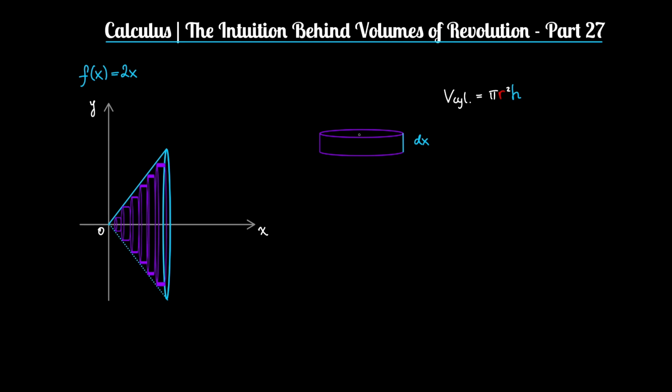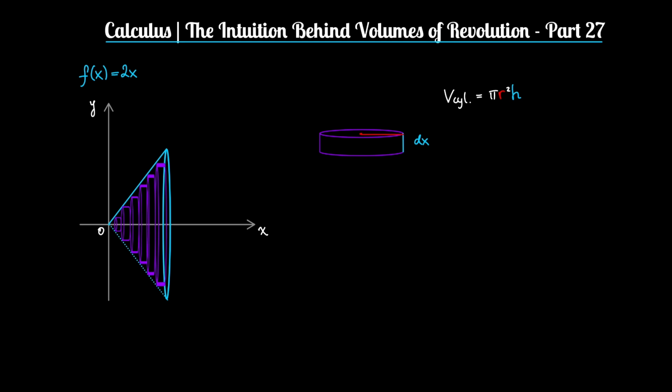And now the radius. Here, this red line would denote approximately the radius of our cylinder. However, in the graph for the approximation of volume, the function itself, f of x, is the radius. However, for one single cylinder, only a piece of the function that corresponds to the cylinder is its radius.